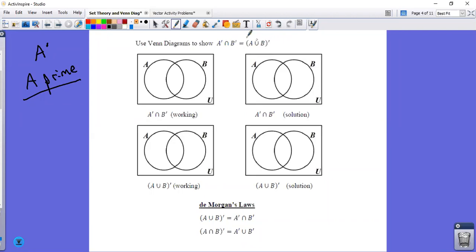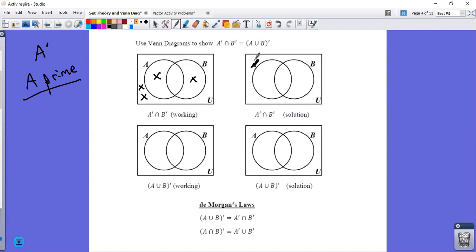We talked about that yesterday, that those two are equal as long as you flip the sign. Well, you can show that with a Venn diagram. So to do A prime intersect B prime, A prime is here and here. B prime or B complement is also on the outside and there. And where do they intersect? Well, where I have 2 X's.